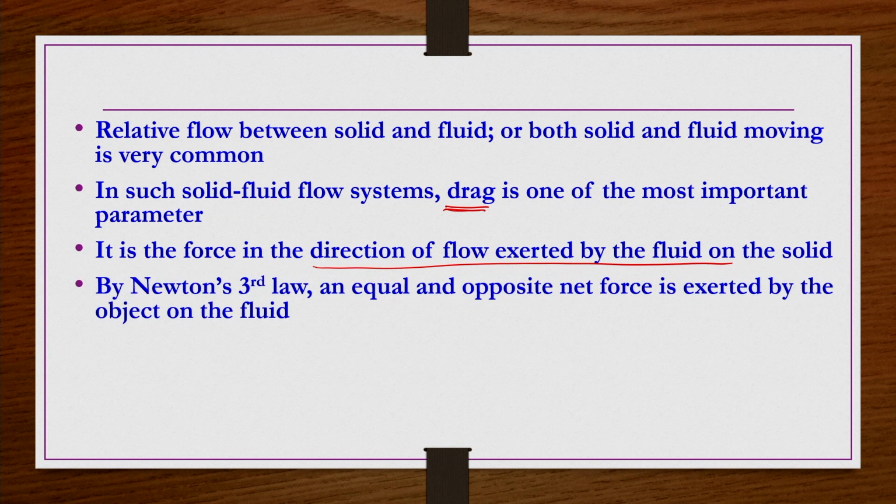And then we know by Newton's third law, an equal and opposite net force is exerted by the object on the fluid. So, let us say the fluid is exerting a drag force of 10 newtons on a solid object, then the solid object would be exerting an equal and opposite force, that is minus 10 newtons, on the fluid.